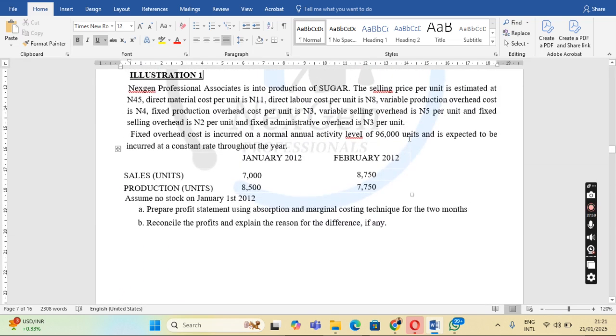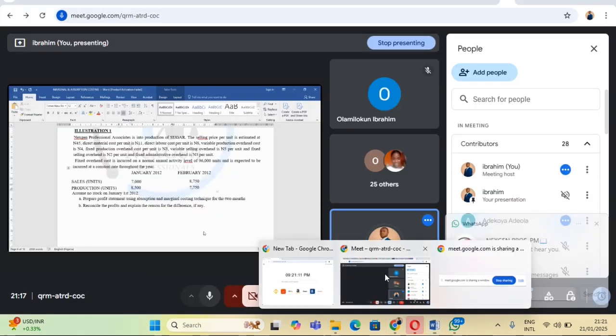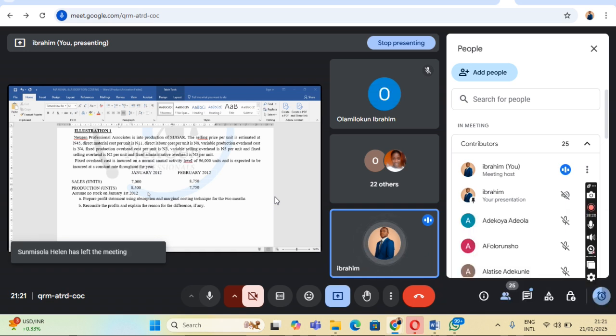From the question, you can see that they have different production and different sales units. Please take note of the production for February as well as the sales. Production only, that is 7,750.